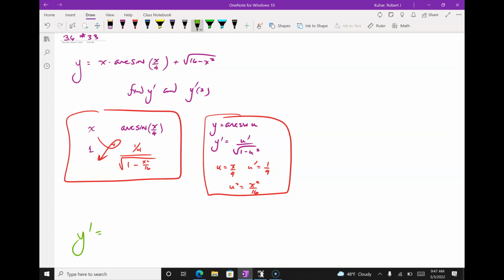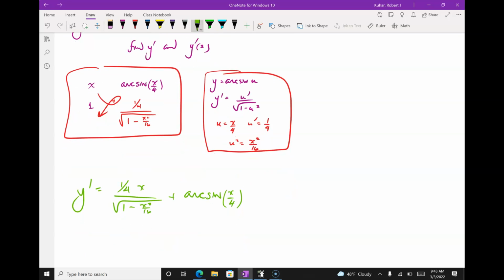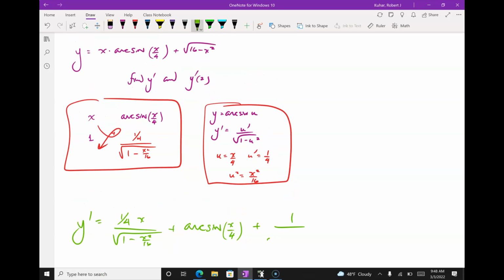Nice, so y prime is 1/4 x over square root of 1 minus x squared over 16, plus arc sine of x over 4, plus 1 over 2 square root of 16 minus x squared times what? Times a negative 2x, right? That last piece is the chain rule. Yes, you with me?